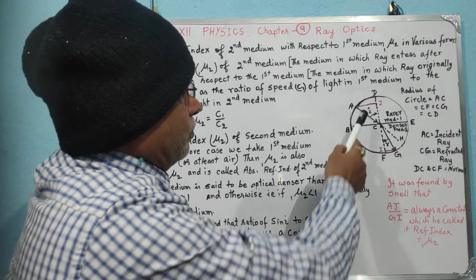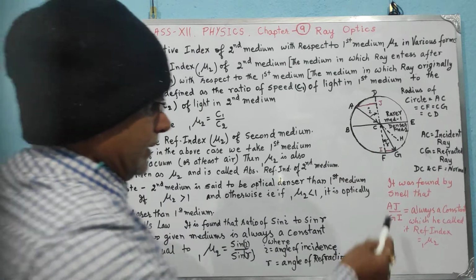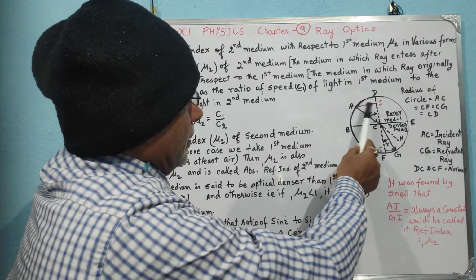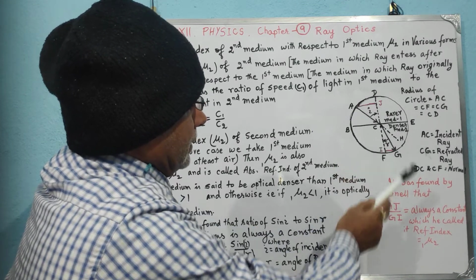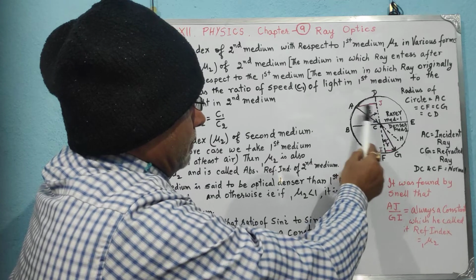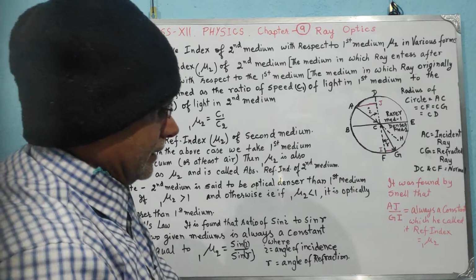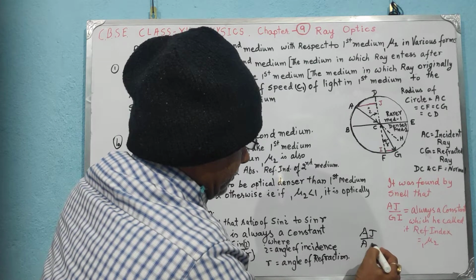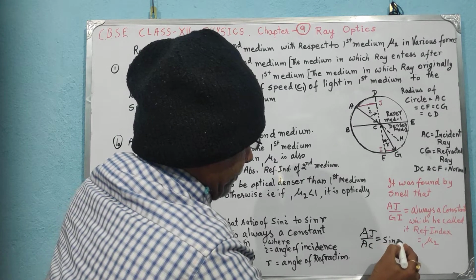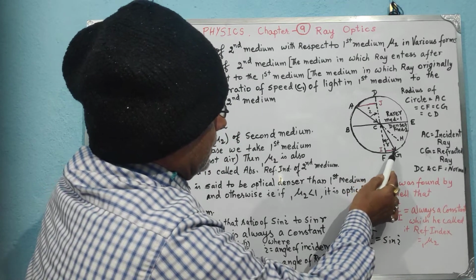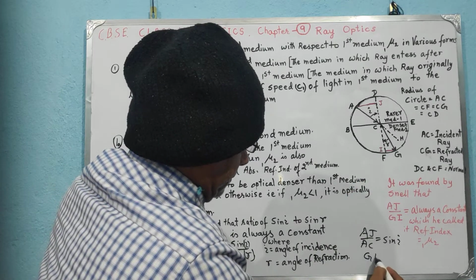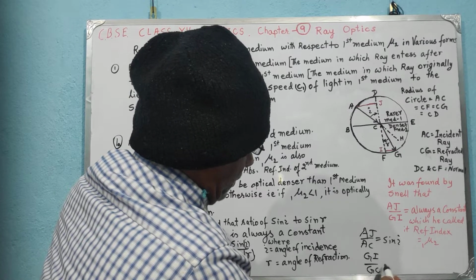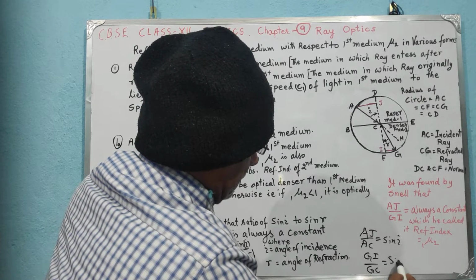If AJ upon GI is constant, and we divide AJ by AC, it becomes sin i. And if we divide GI by CG, or GC, it is sin r.